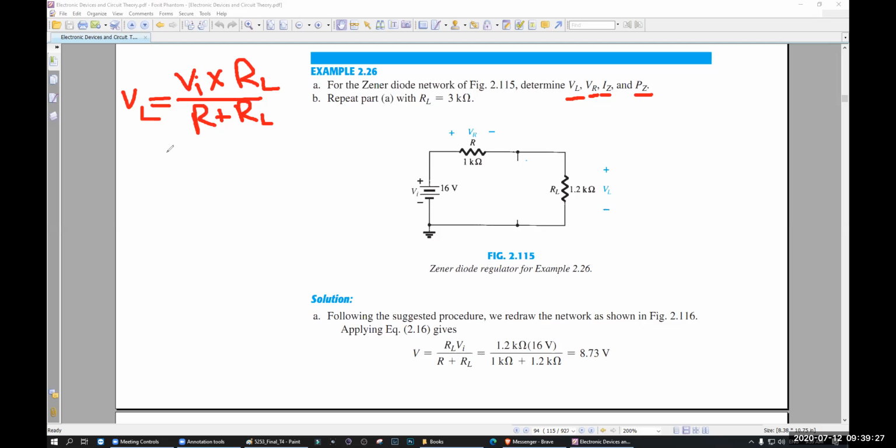Here VI is equal to 16 volt, RL is equal to 1.2, and this is 1 plus 1.2. Both of them are kilo.